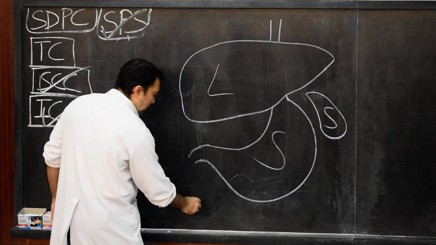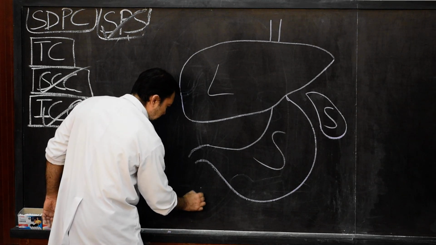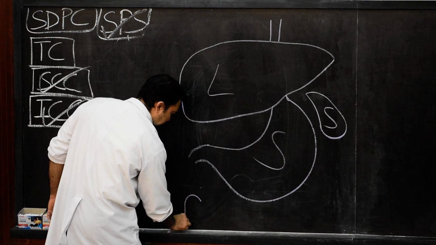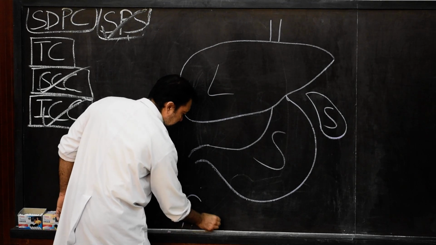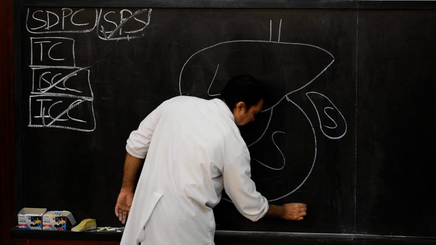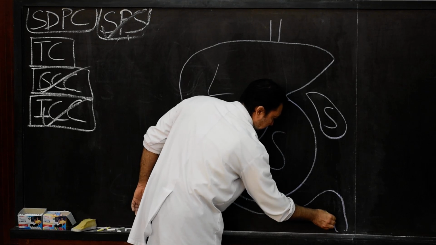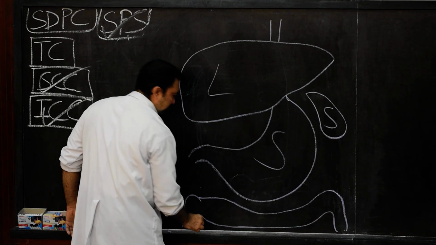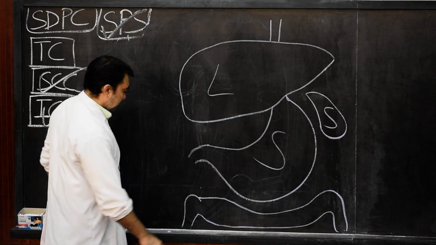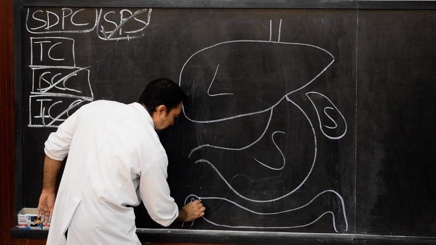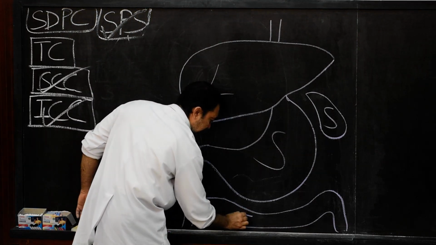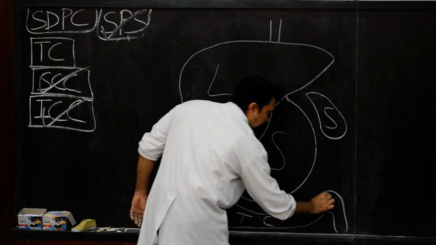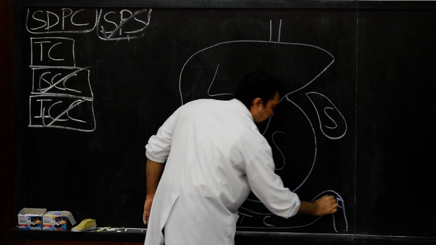Then below, we will show the right colic flexure, the transverse colon, and the left colic flexure. So here the right colic flexure, this is the transverse colon, and the left colic flexure.